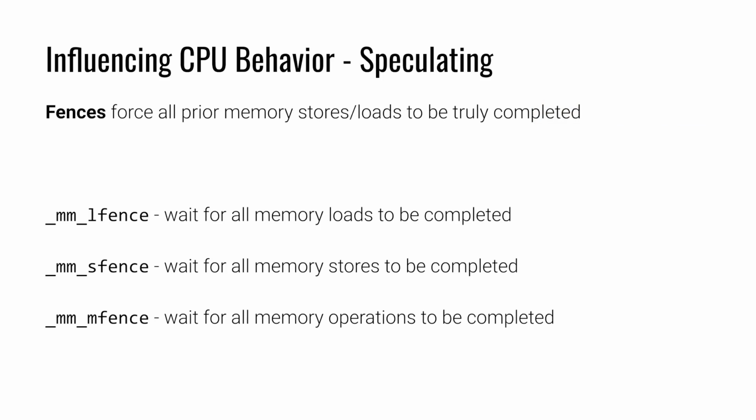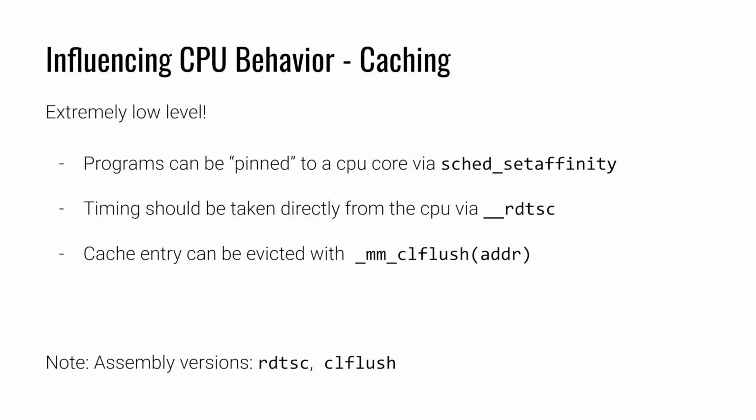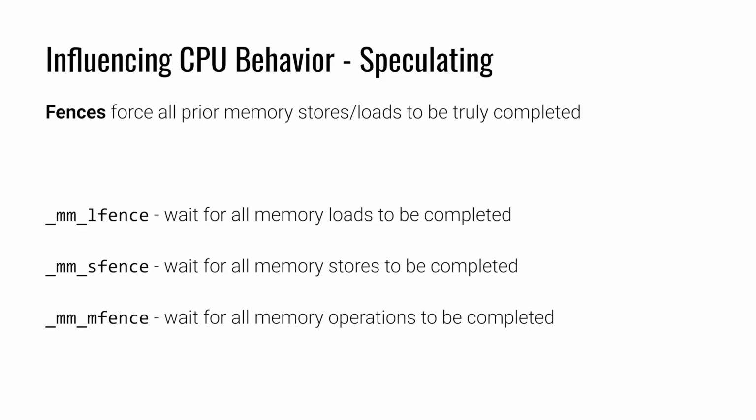Now, another thing that is worth talking about is something called a fence. So we talked about how we could influence caching. We saw that in the last lecture video. How do we influence speculation? Well, we influence speculation with something known as a fence. What a fence does is, when a fence function is encountered or a fence assembly instruction is about to be executed, the CPU will stop speculating and wait until we've reconciled with reality to some degree.